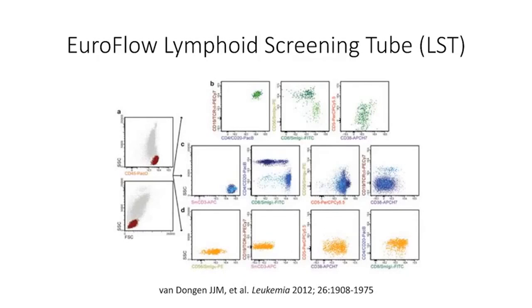If instead we gate on surface membrane CD3 bright events, those are the T cells, which are divisible into CD4 and CD8 positive subsets. We can even resolve a CD8 dim subset here that turn out to be gamma delta T cells. And then finally, the surface membrane CD3 negative, CD56 positive events are natural killer cells.